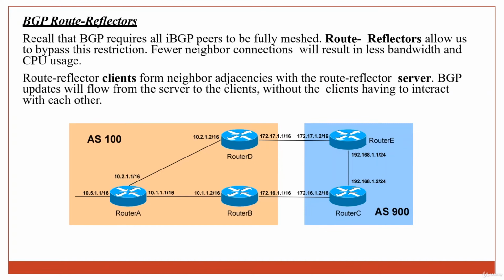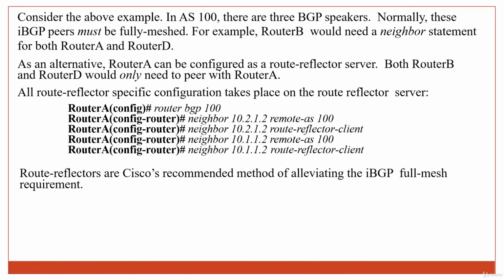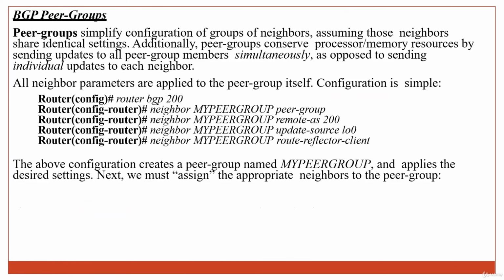Even in our CCNP course, it is not required to do the CLI configuration, at least for section 3.2 for route reflector. But for the future, to understand more about BGP and its coding, we should understand at least route reflection and the peer group.